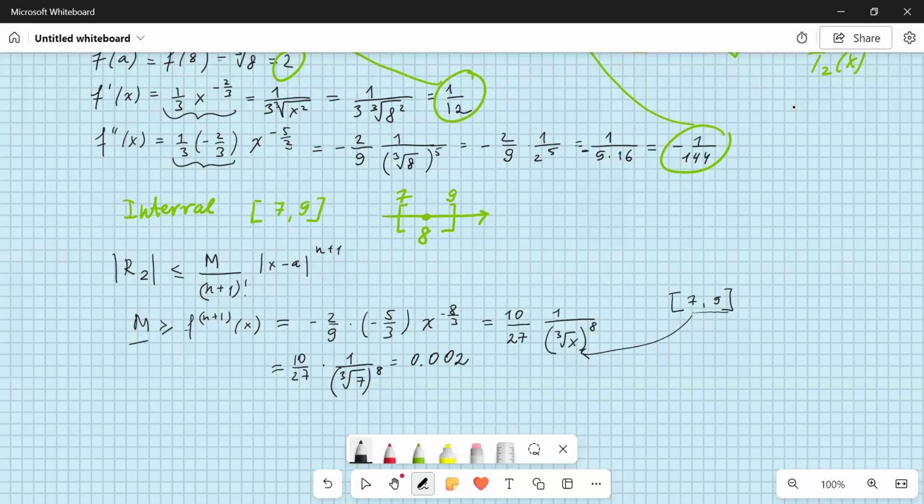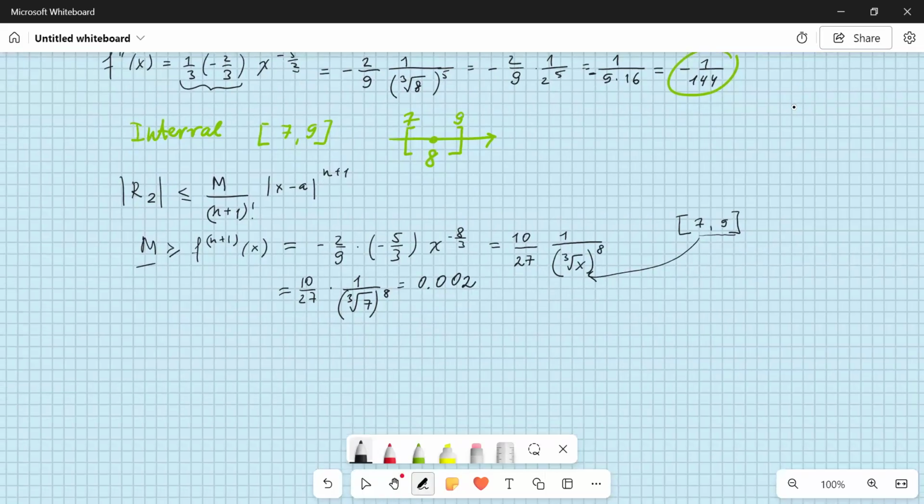So now we are going to plug this number over here and estimate the whole thing. I'm going to write down R2 less than or equal to M, well, let's do 0.003, just make it bigger, over (n plus 1) factorial.